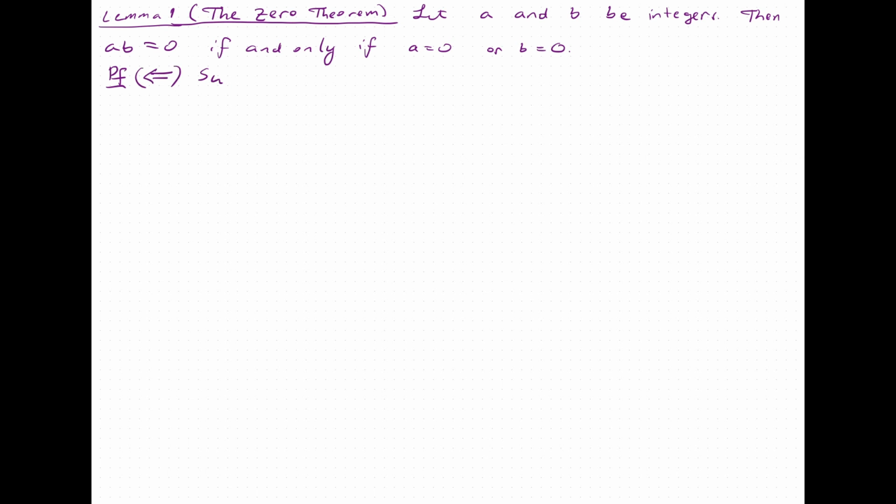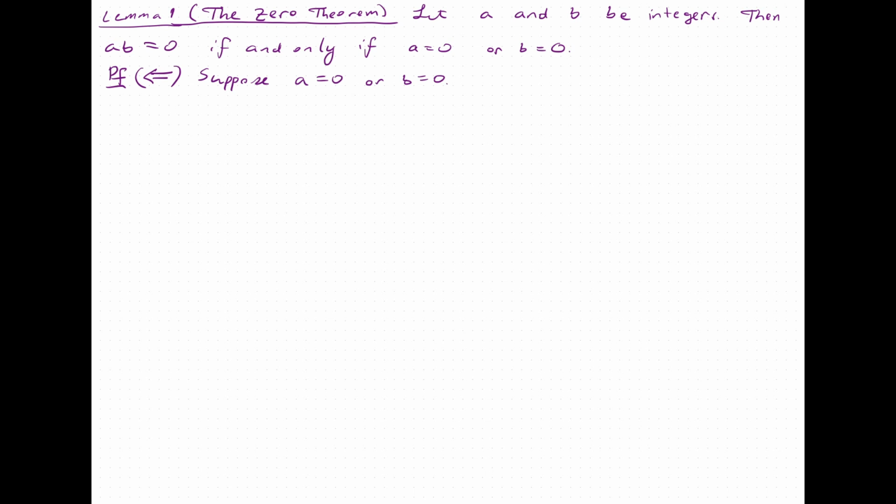So suppose a is equal to 0 or b is equal to 0. Now, in the section that we discussed last week, whenever we have a proof where the assumption is a disjunction, we have to do one case.